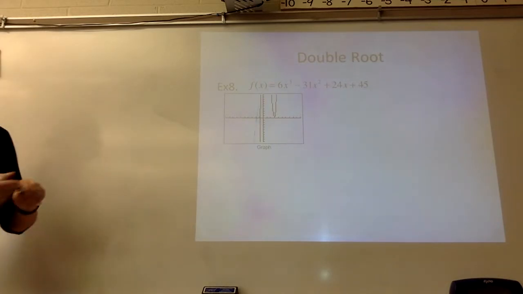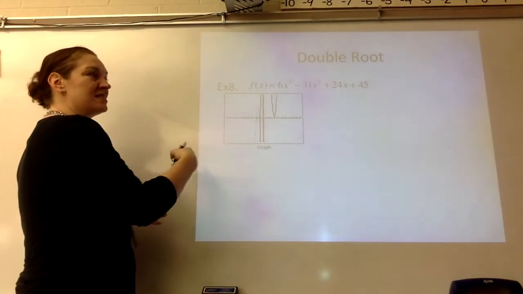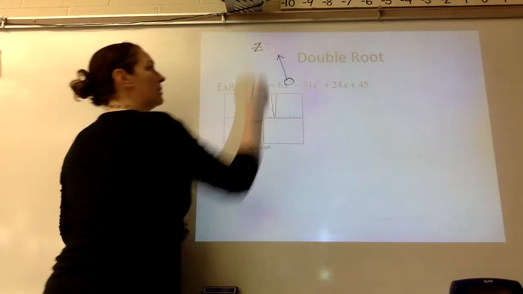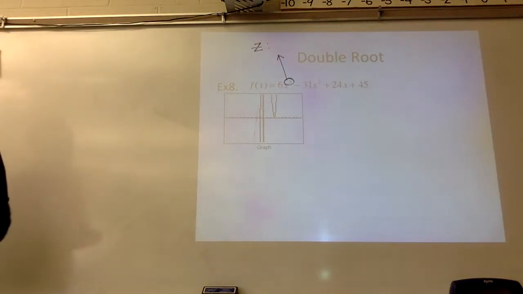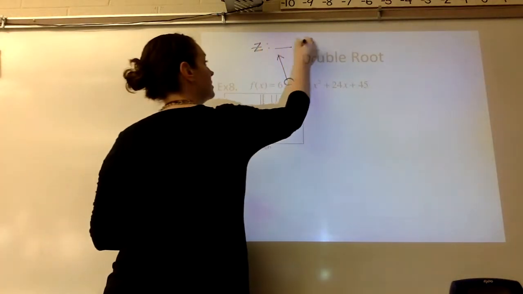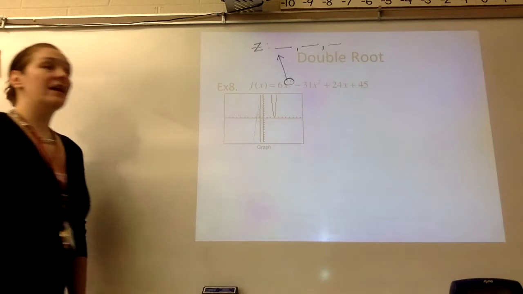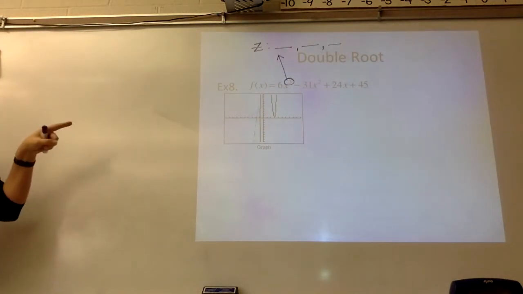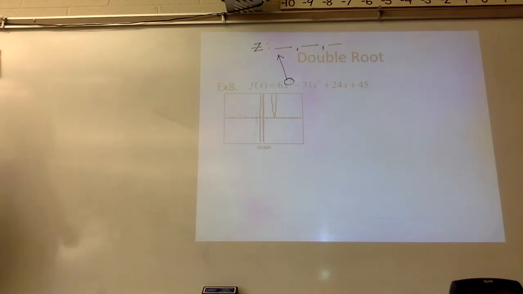Okay? So the first thing, which we actually did last, was we said, looking at the highest power, how many zeros should I have? 3. Okay, 1, 2, 3. Looking at the diagram that results from your calculator, how many zeros do you see? That's the calculator picture.